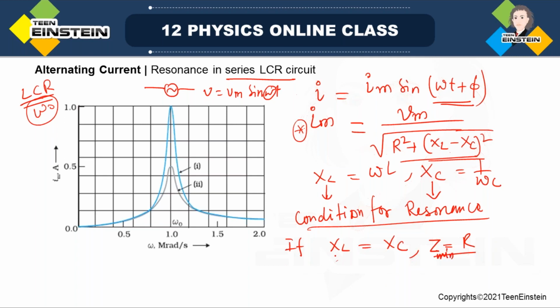At this condition, when capacitive reactance is equal to inductive reactance, impedance is minimum, which is equal to the resistance of the circuit itself. Then look, the current Im will be maximum, and that will be Vm by R. Okay, Vm by R.